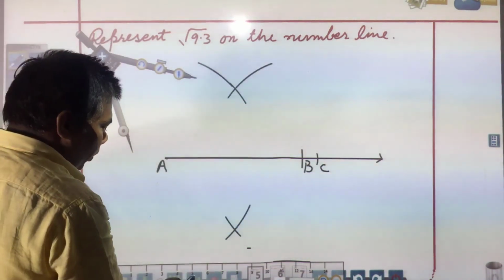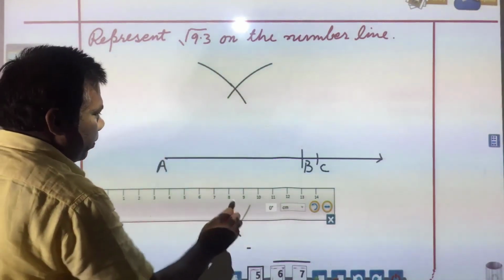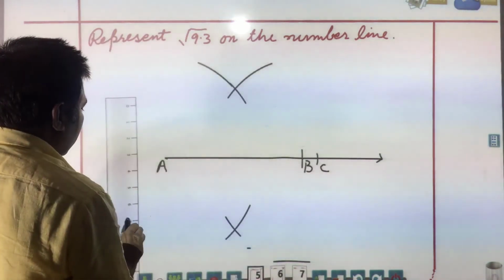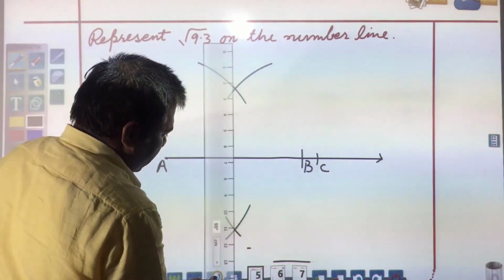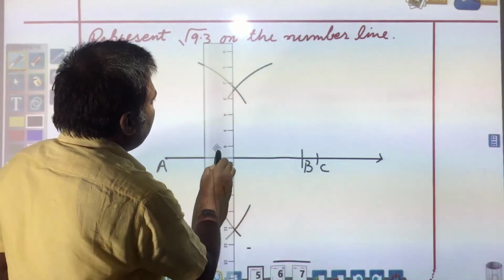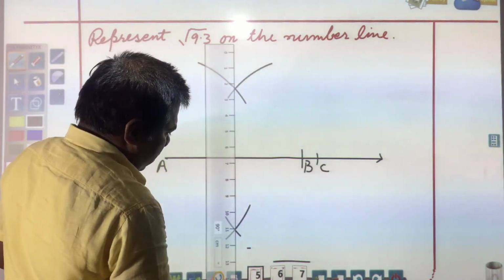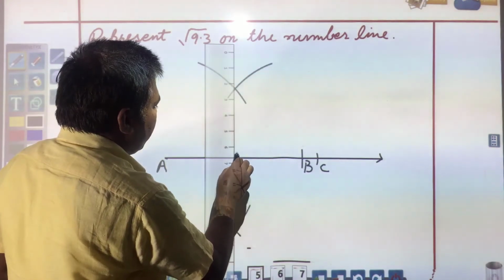Now, with the help of your ruler, take help of your ruler and mark your midpoint. So, here you see this will be your line, straight line, and here somewhere will be your midpoint.